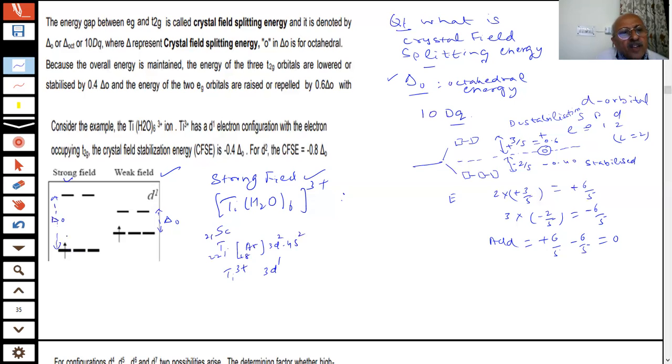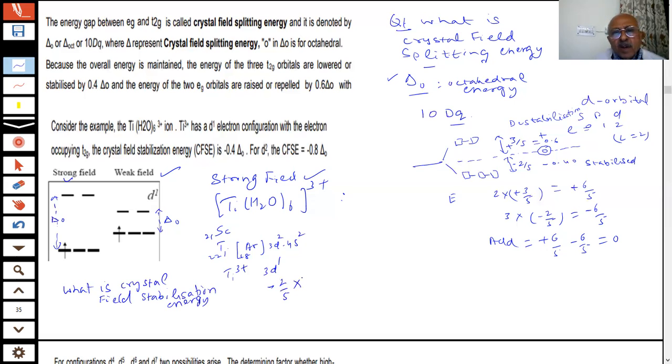And this is stabilization, because there is no electron present in the strong field. So what is the crystal field stabilization energy, students? In this case, you have minus 2 by 5, and how many electrons are there?